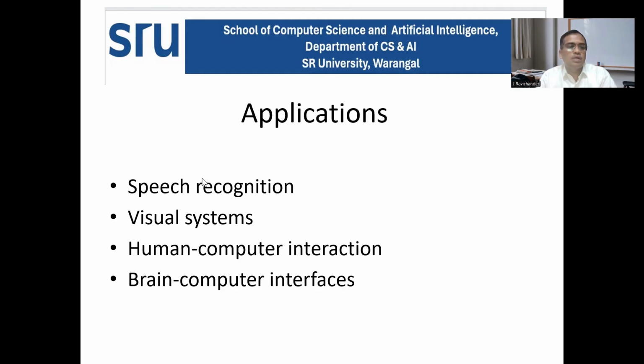Auditory perception and visual perception in speech recognition, visual systems, human-computer interaction, as well as in brain-computer interfaces.